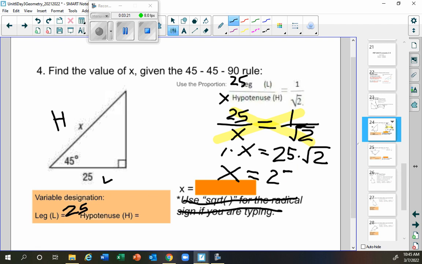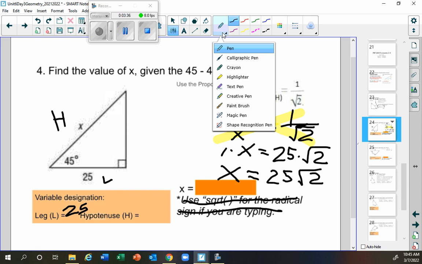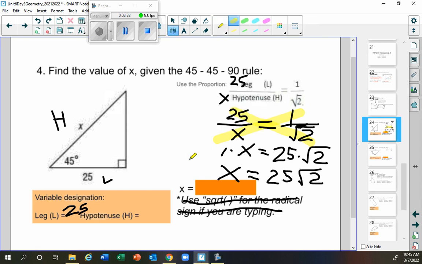Just write 25 square root of 2, and then we stop. We're done. That's all you have to do for the first problem. You stop right here. I'll highlight this answer. This is your setup. You solve. That's it.